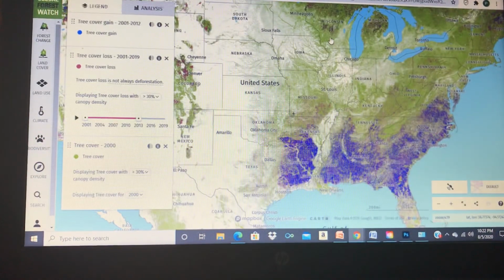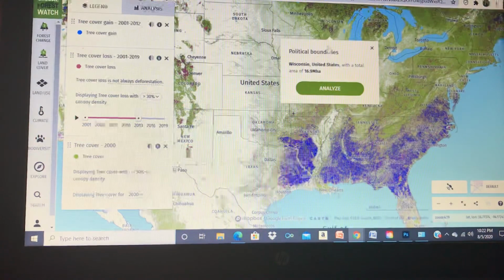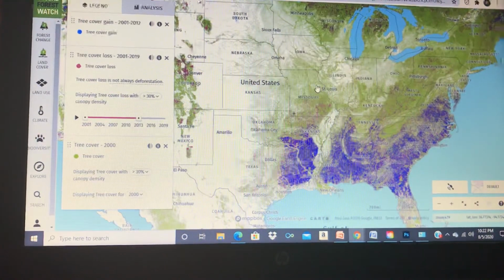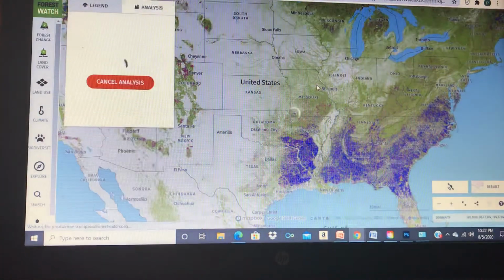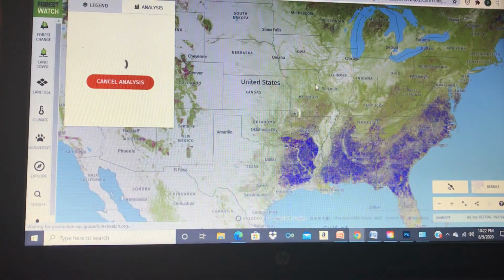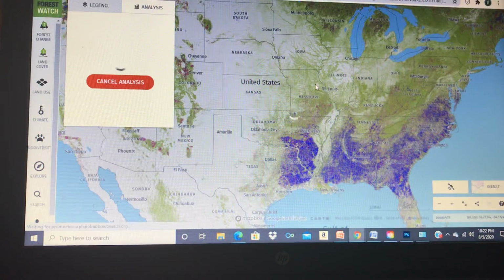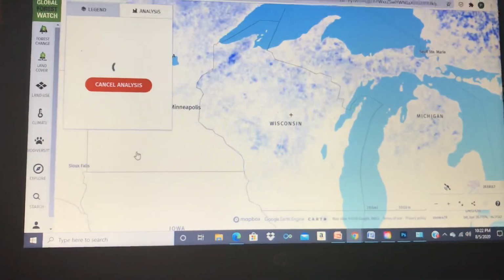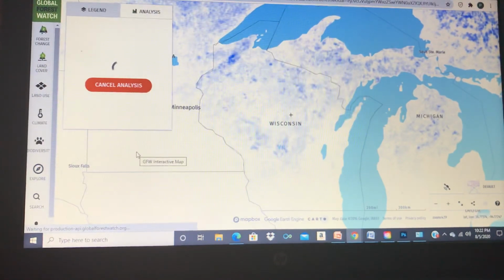So let's analyze Wisconsin. Wisconsin, United States, with a total area 16.9 MHA. So let's see. Here we go. It's going to pop up for us.